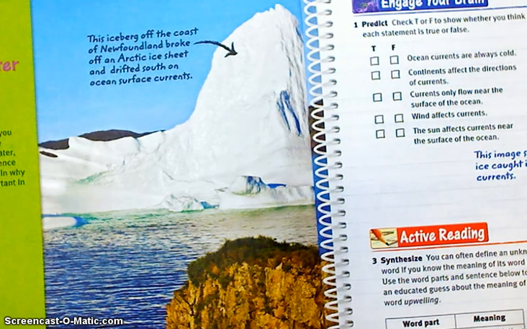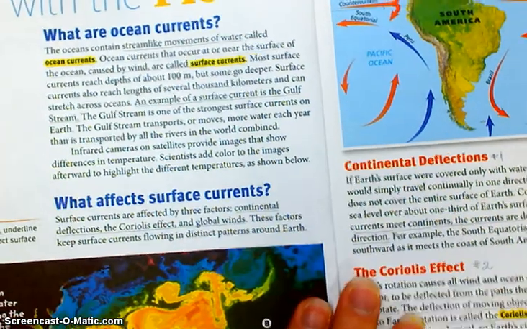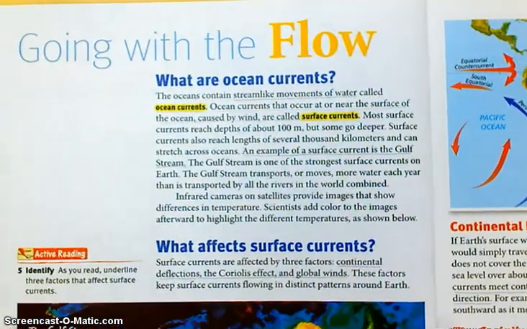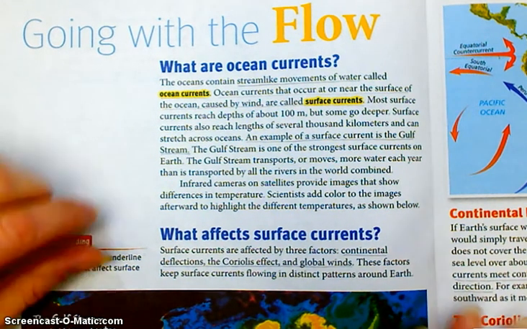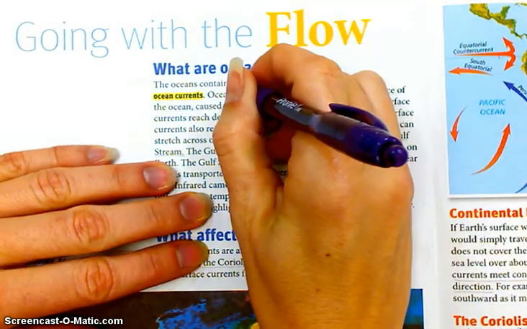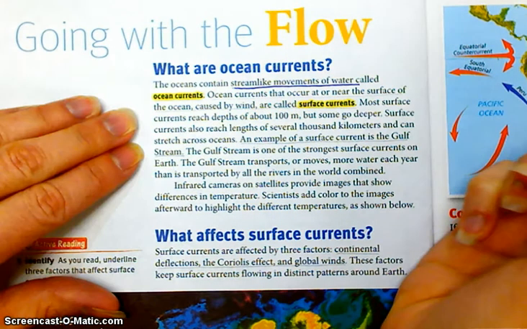All right, so join me on page 438. It says, what are ocean currents? Well, they are stream-like movements of water.